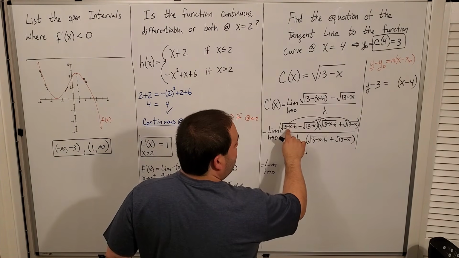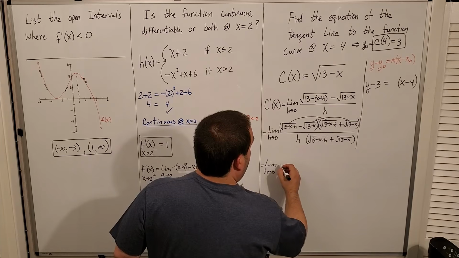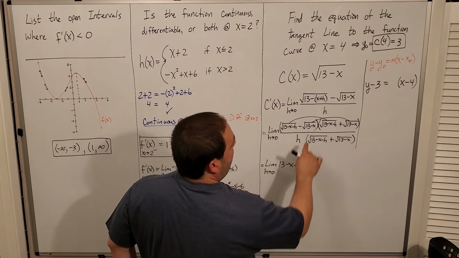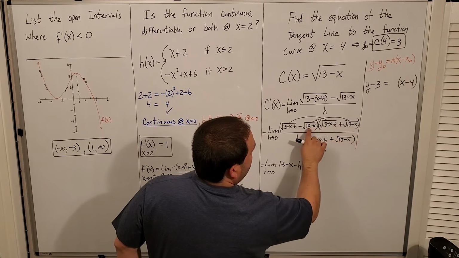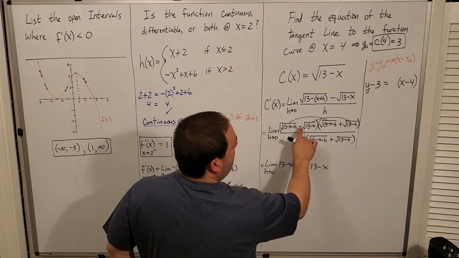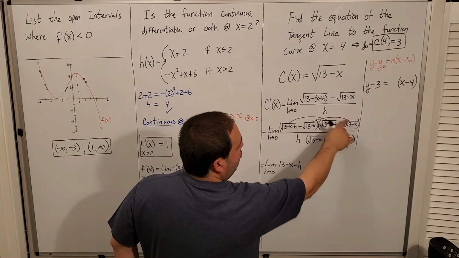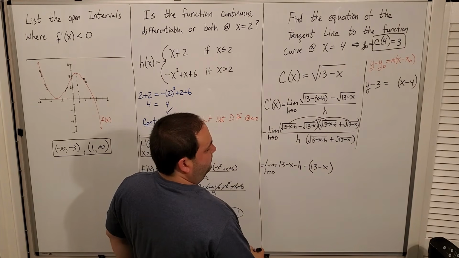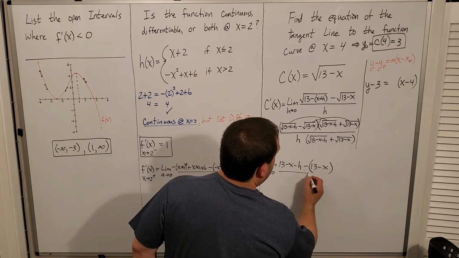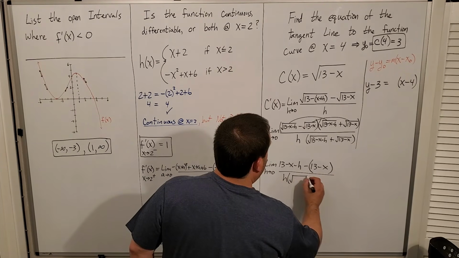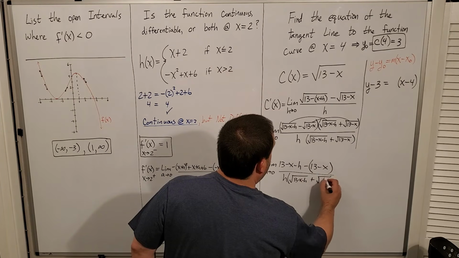What I will keep is this radical times that radical, which is just 13 minus x minus h. And then this radical times this one. So that's going to be 13 minus x. But be careful. Negative times positive in those two last ones. So it's actually minus the whole thing. All over h times, and I didn't really do anything to the denominator, you'll notice. I don't need to.